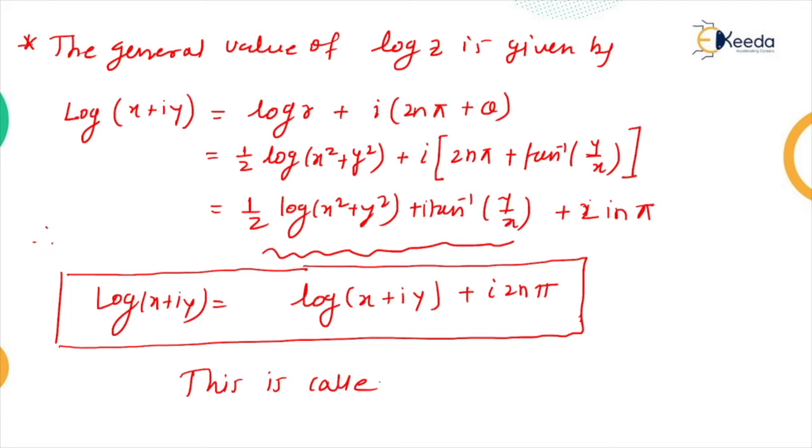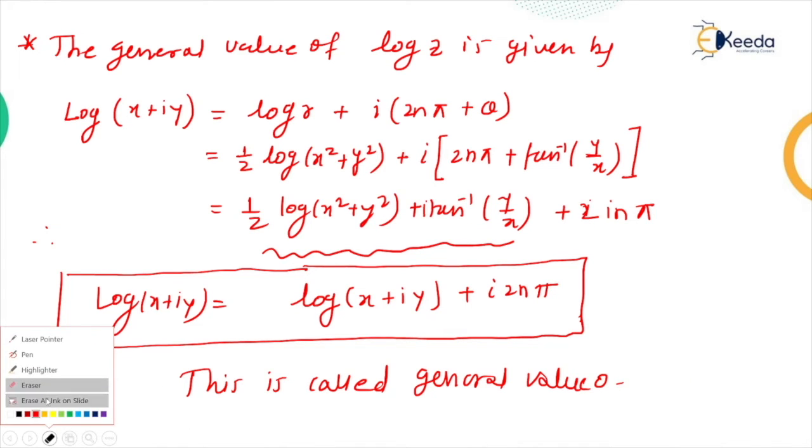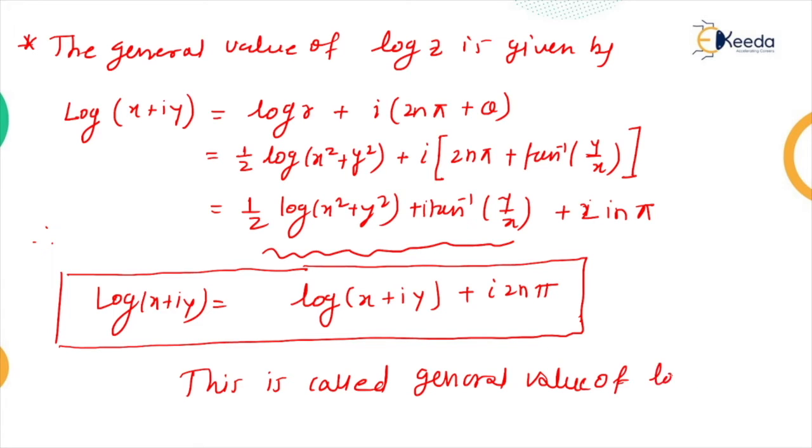This is called the general value of the logarithm of a complex number. It is called the general value of log z. I am just writing here general value of log z. So simply you have to remember this.